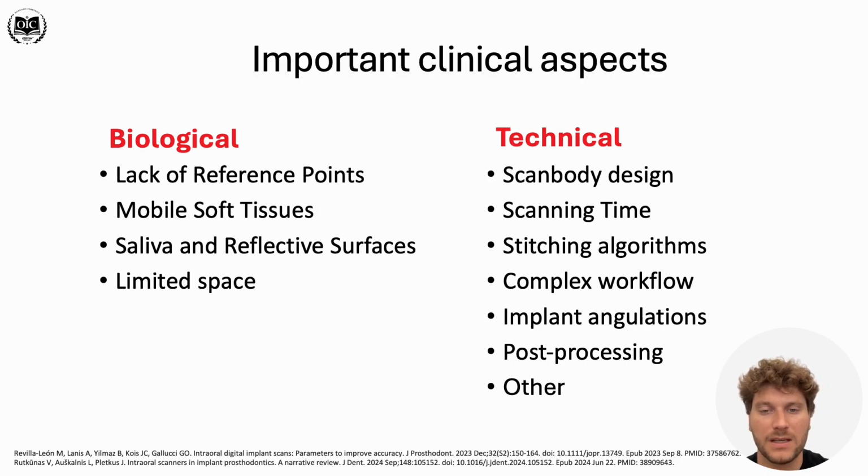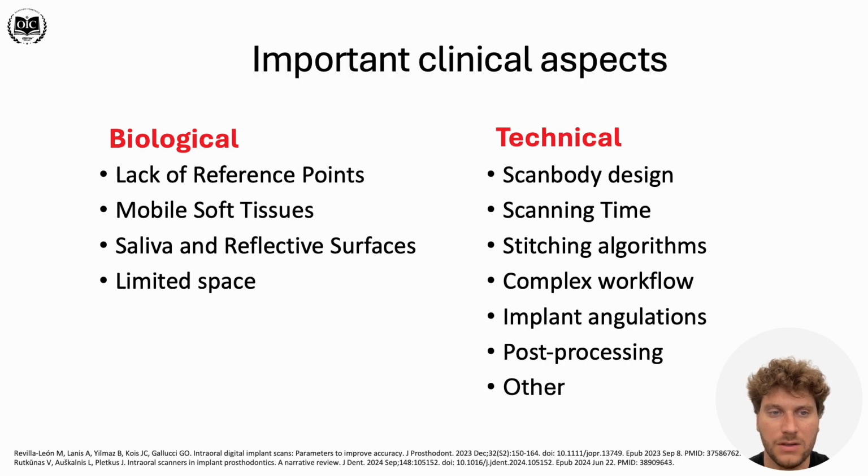So, as mentioned in a narrative review by me and our colleagues, and also in a nice publication by Revilla-León et al., we have two basic categories of clinical aspects that we need to keep in mind: biological and technical.